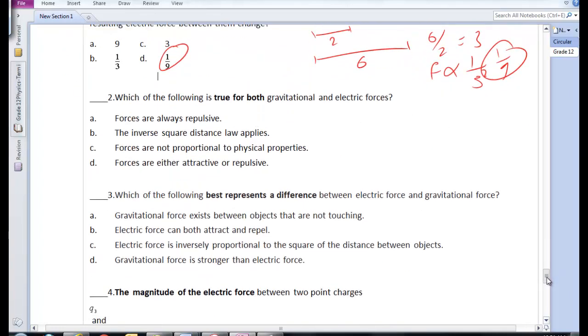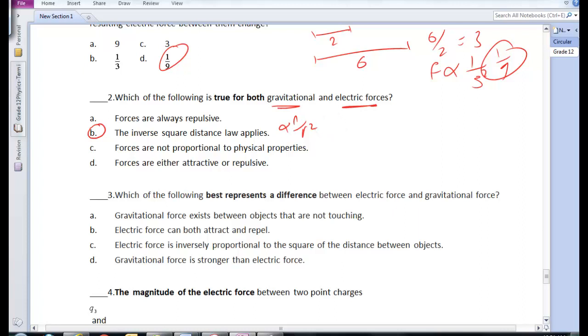And here we have: which of the following is true for both gravitational and electric force? So this is something common between electric and gravitational force. If you can recall our previous revision, gravitational force and electric force are the same in one kind: both of them are inverse square with the distance, so they depend inversely on r squared.